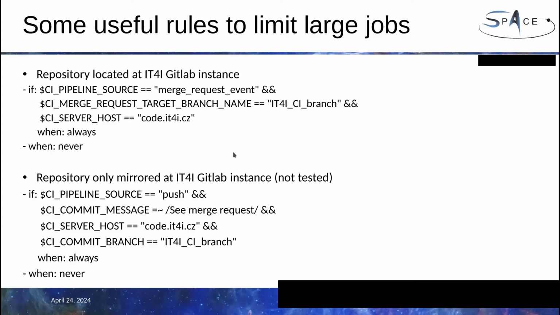Only when you are initiating a merge request will this pipeline run. Plus, this merge request has to be into a special branch, whose name you can choose arbitrarily, but then you also need to update this command.